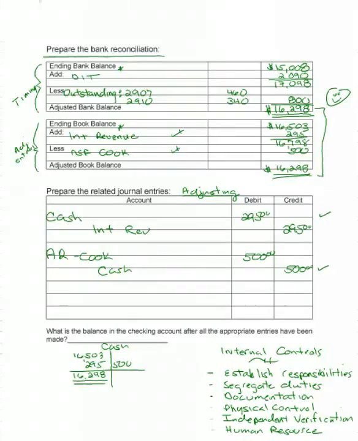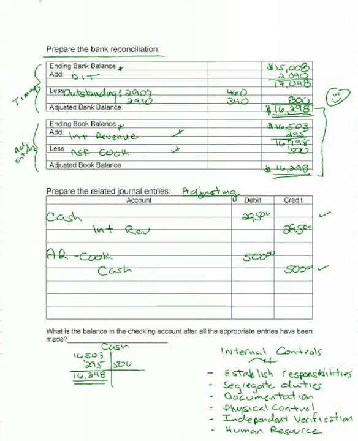Documentation is great. You have bank statements, you have cash receipts and disbursements journals, a cash account, all of which can be compared to one another, and the bank statements from outside. So that's an independent verification from outside the business, so that kind of adds to that. Physical control. Cash is not on the premises, it's at the bank and safer.